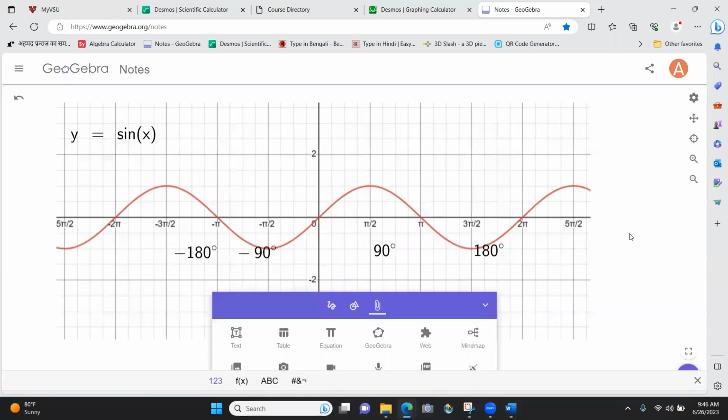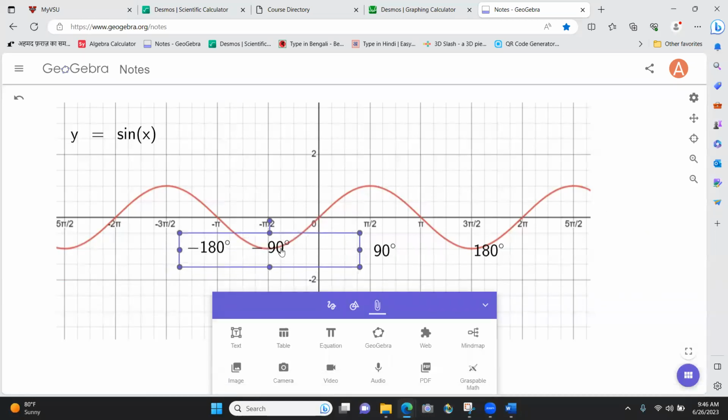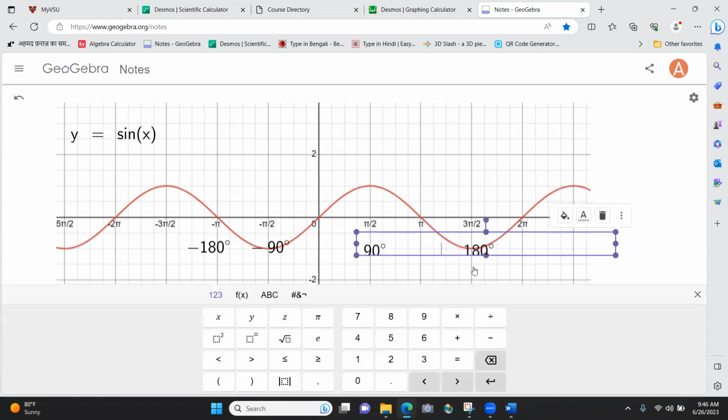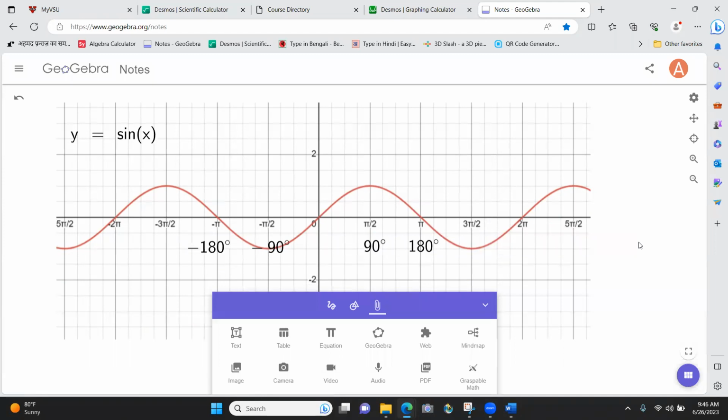Okay. Once again, negative pi over 2 is negative 90. Negative pi is negative 180. Pi over 2 is positive 90. And just pi all by itself is 180. We know that. And you can use these two to find everything else if you need to convert it to degrees. Okay. So this is the graph of the sine function.